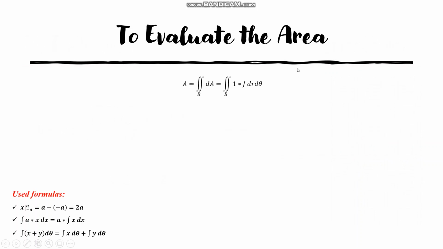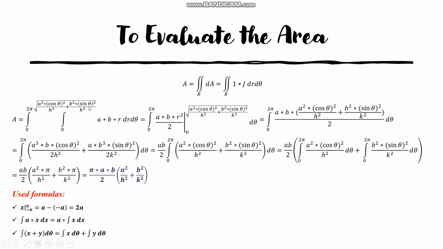As we know, the formula for the area is the double integral of 1 multiplied by J, the Jacobian, dr d theta. So let's get started. If we put our formulas and equations into this formula, we will get the integral from 0 to 2 pi, and again the integral from 0 to this equation, and it is our Jacobian a b r, dr d theta equals, first of all we will calculate the first integral.